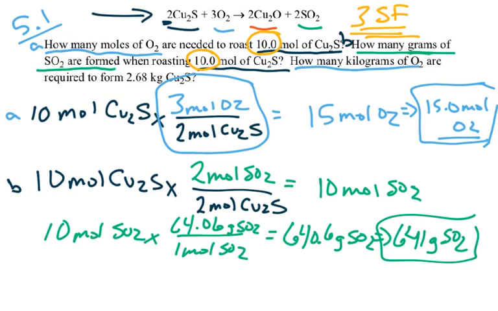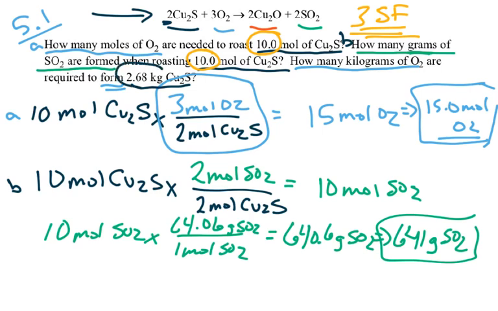Oddly enough, sorry, that word just threw me off. I've never read this that closely. How many kilograms of O2 are required to, it should be react with, 2.68 kilograms of Cu2S, okay?